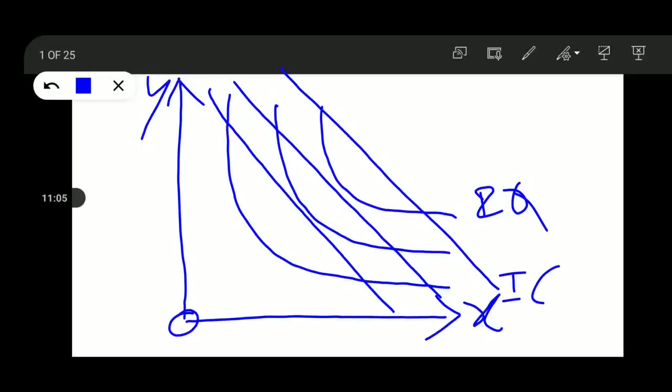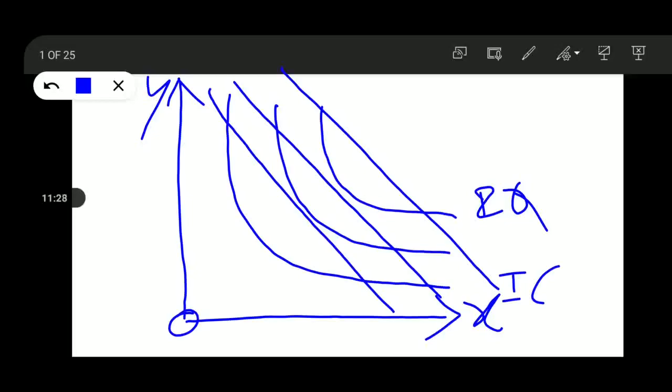The slope of the isocost line changes when the factor prices change. If the price of labor falls, the firm could buy more labor, and the line will shift away from the origin.